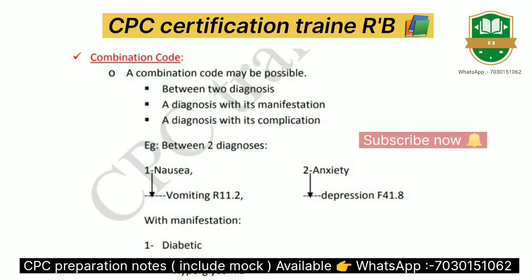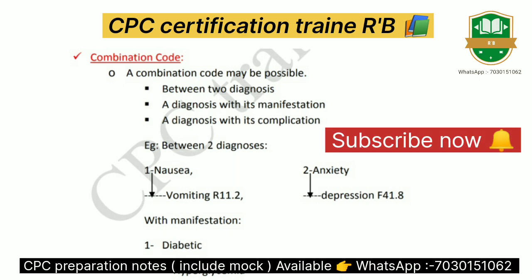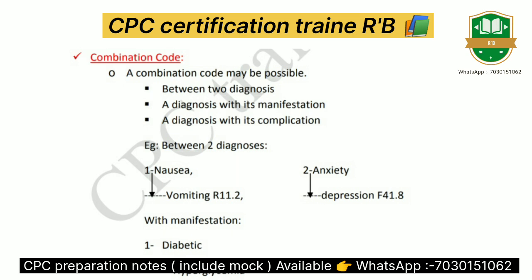That code is R11.2. And you can open the second code, anxiety, in the alphabetical index, then directly see with depression. That code is F41.8. You can practice it, then you can easily get the code.